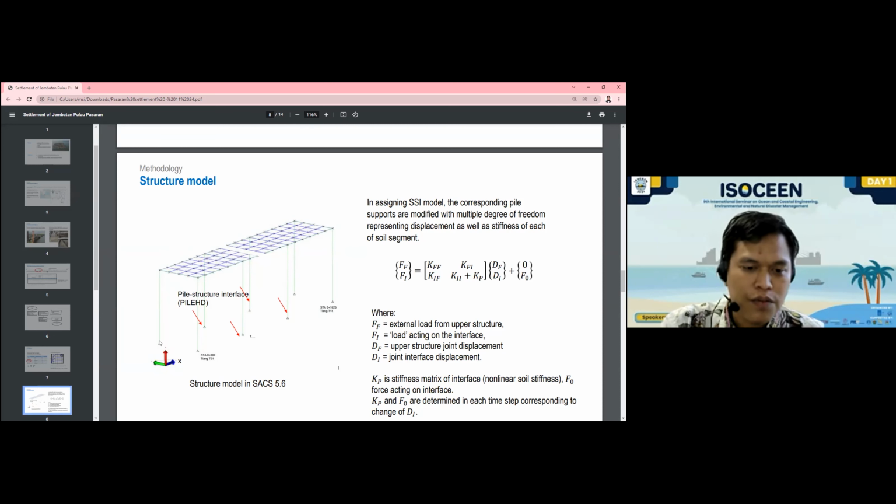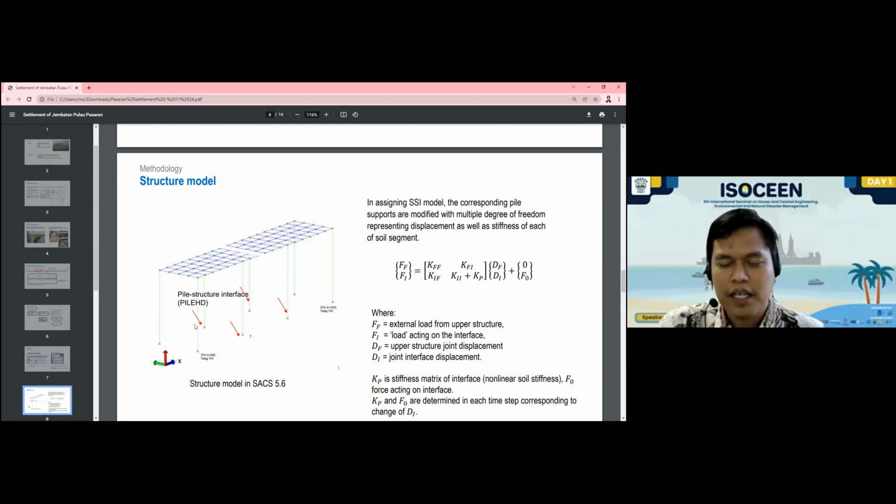The outer support is a pin support, and the pile structure interface, which represents soil structure interaction, is assigned to this support. This is the inner support of the model.